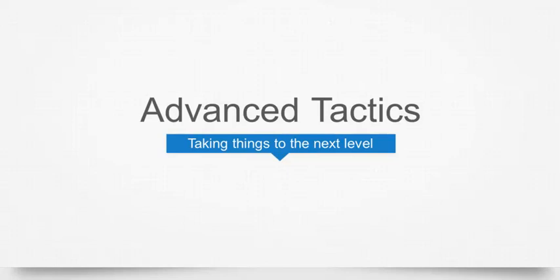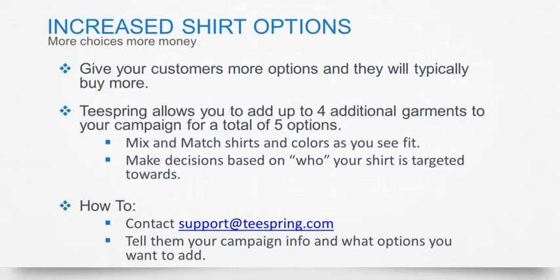Okay, we're back in action with the advanced tactics, how to take things to the next level. Number 1: increased shirt options. More choices equals more money. Give your customers more options and they will typically buy more.